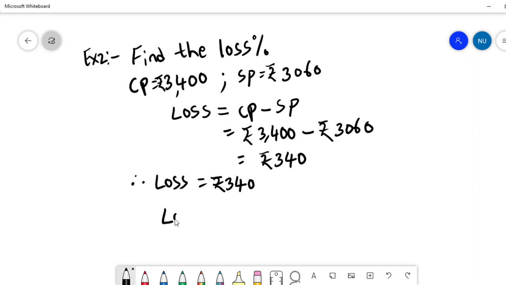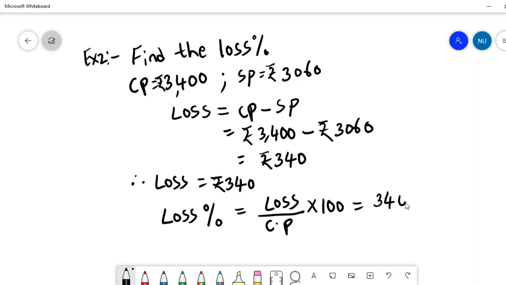Now we'll find loss percent. What is the formula for loss percent? Loss percentage is equal to loss by CP into 100. Loss is 340. CP is 3400 into 100.